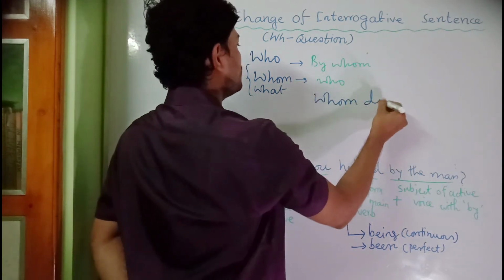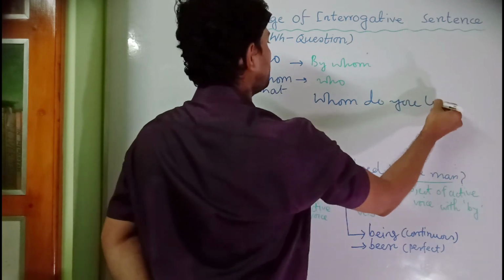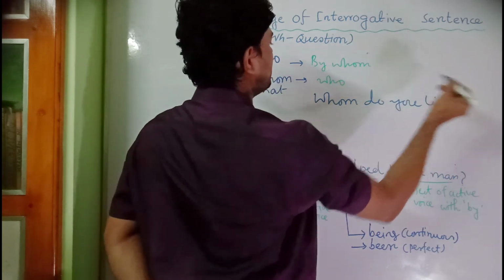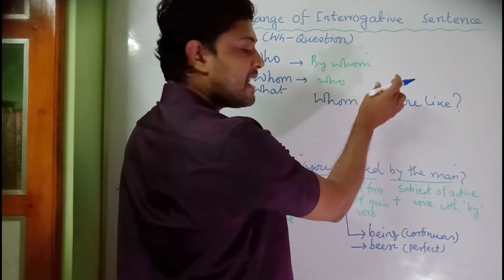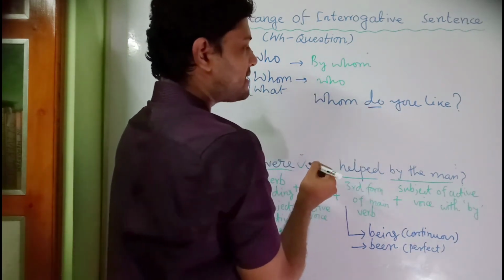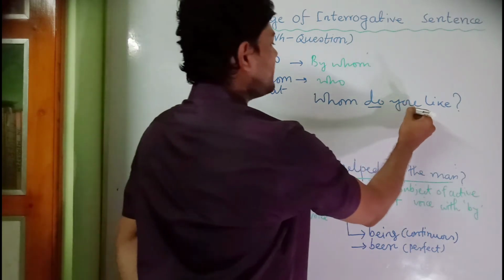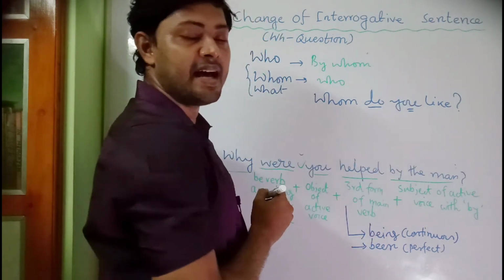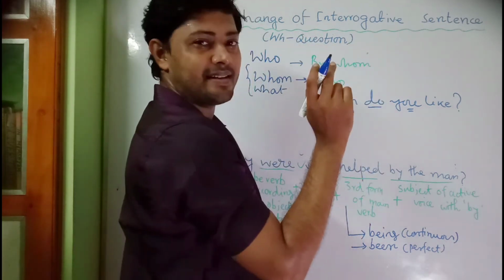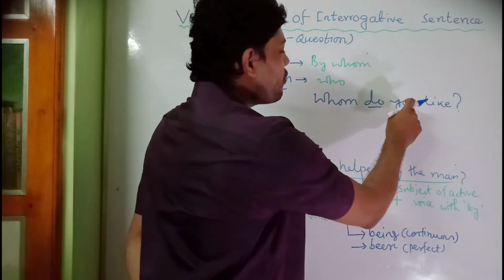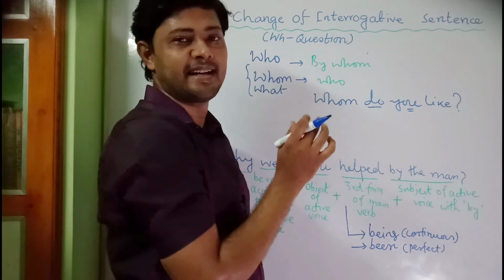Whom do you like? So here we find that the sentence is in the present indefinite tense. You is the subject, but who is the person whom you like is not mentioned here. This is the question.